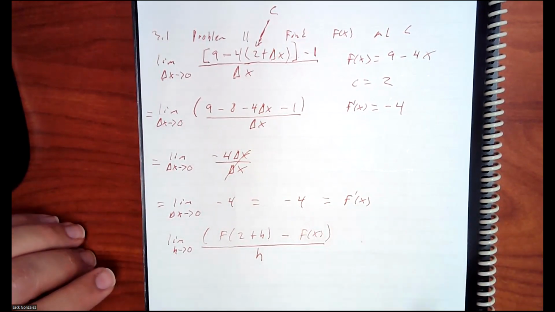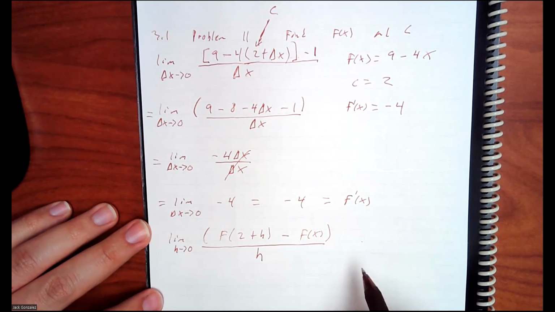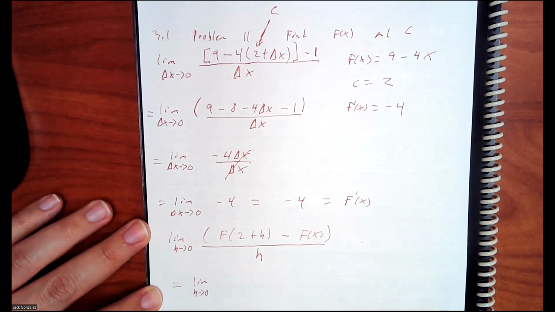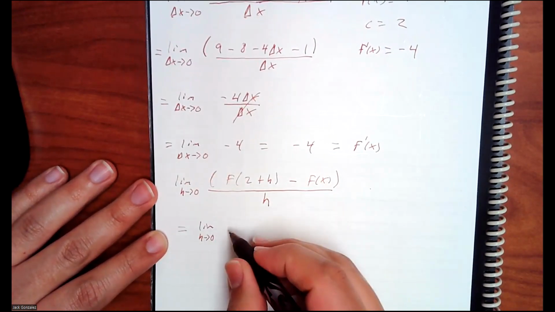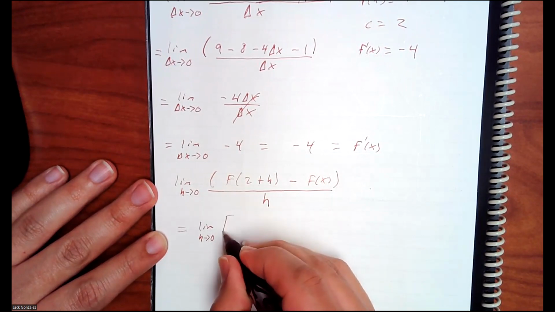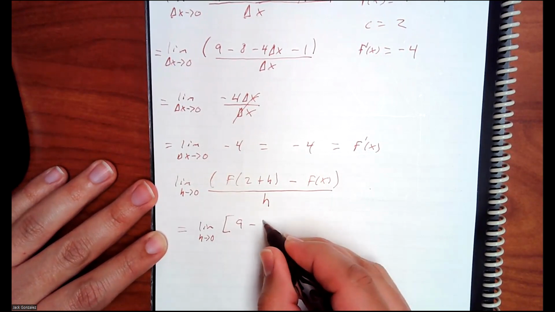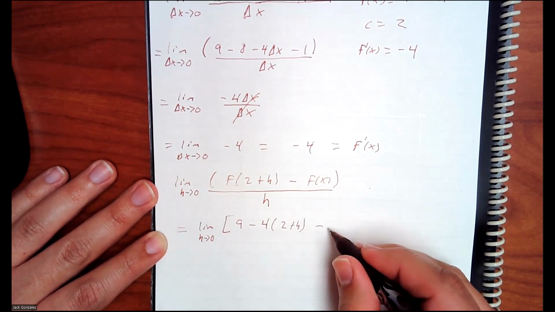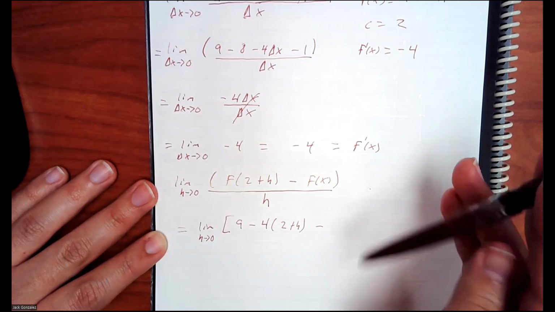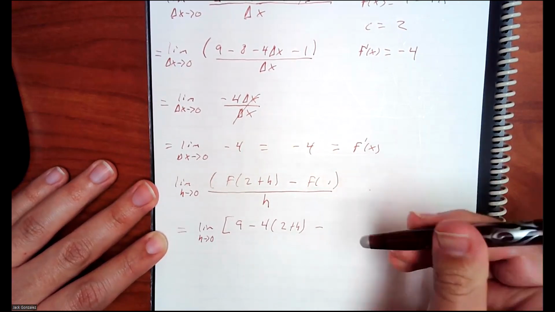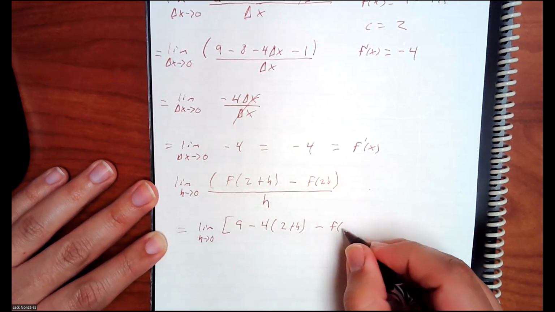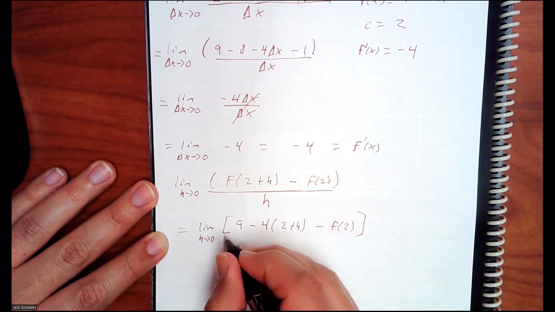So the original formula, using the notation we did in class, ends up being 9 minus 4 times 2 plus h, minus, so there you're plugging in the 2. These are the steps that did not show.